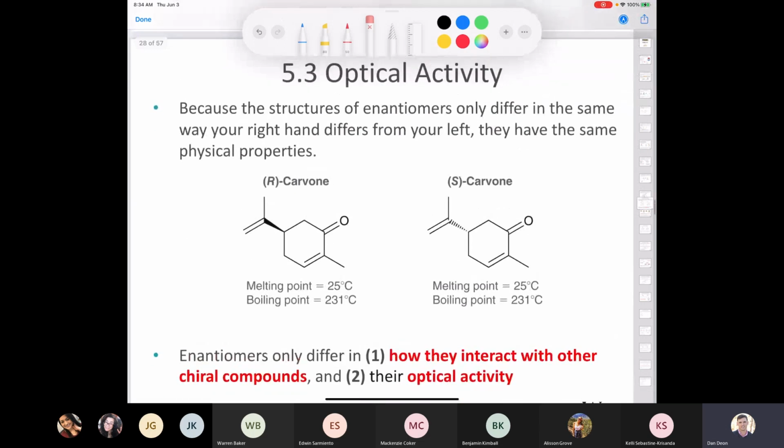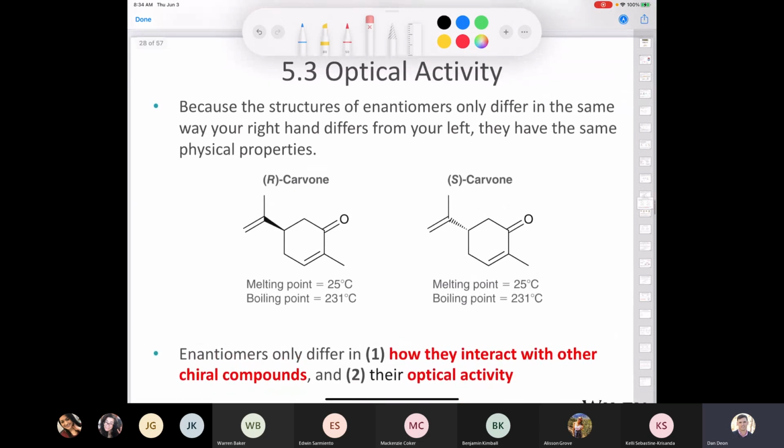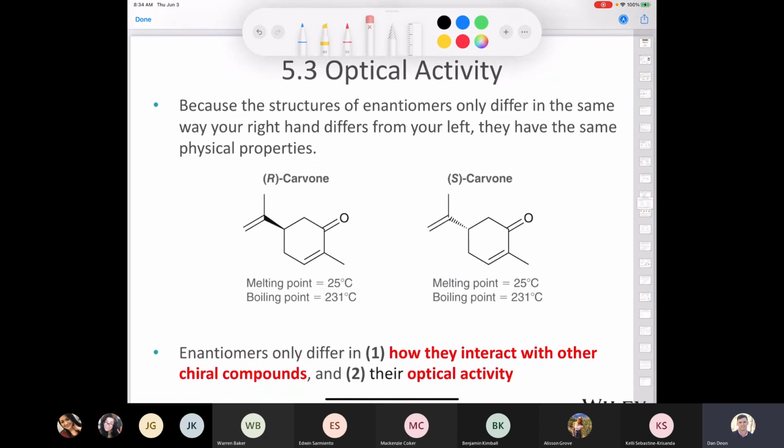This is something that I mentioned briefly before we started recording this morning: since the structures of enantiomers only differ in the way your right hand differs from your left, that means they're going to pack the same way. Think about it. If I have Avogadro's number of R carvone molecules, they're going to pack the same way as if I had 1 mole of S carvone molecules.